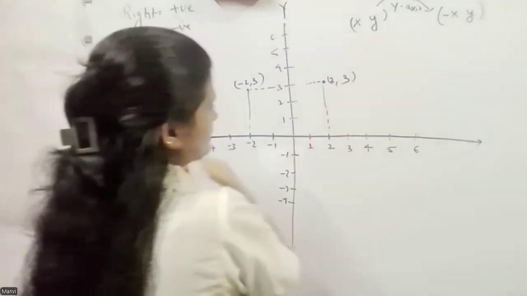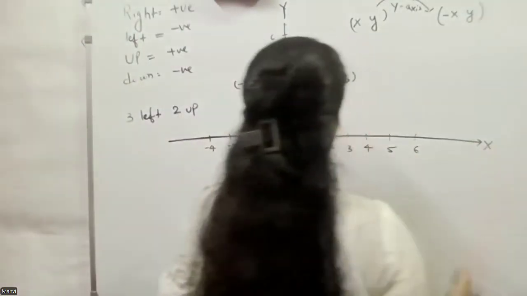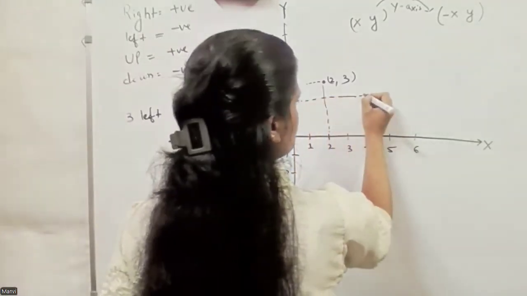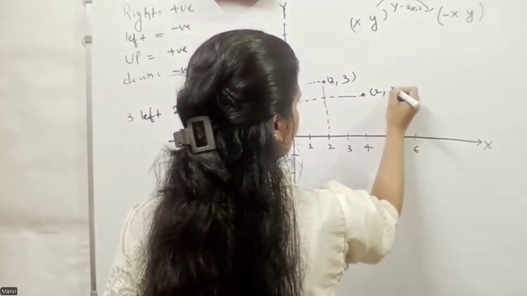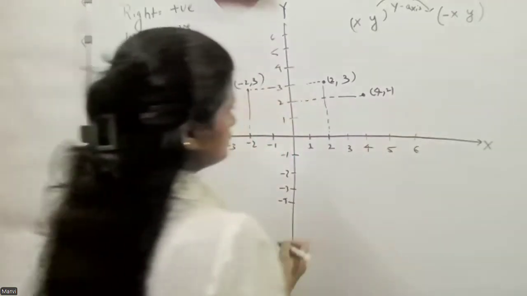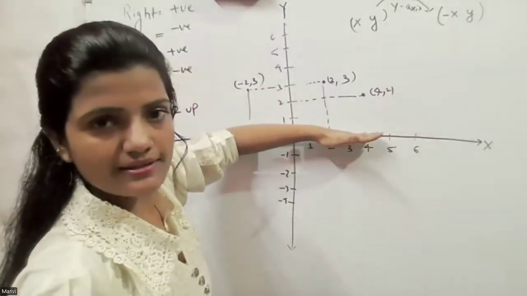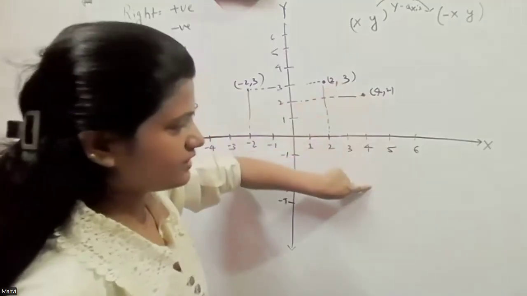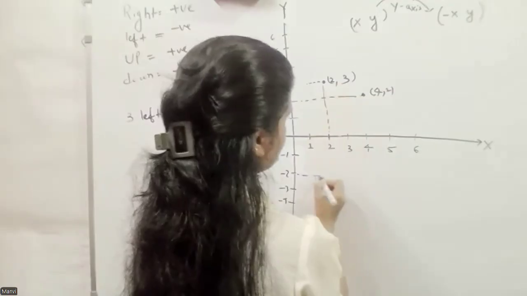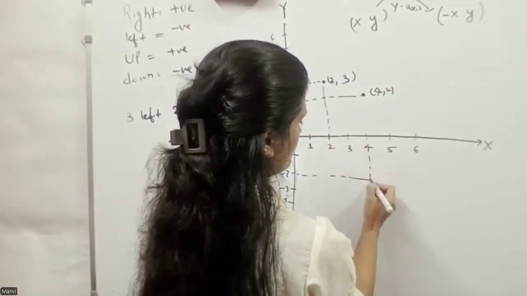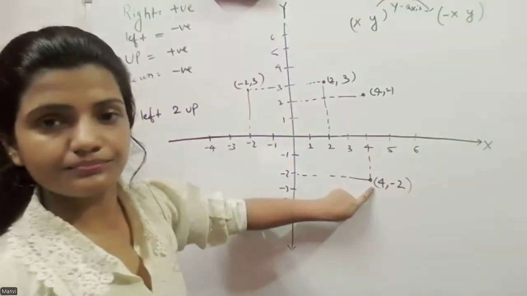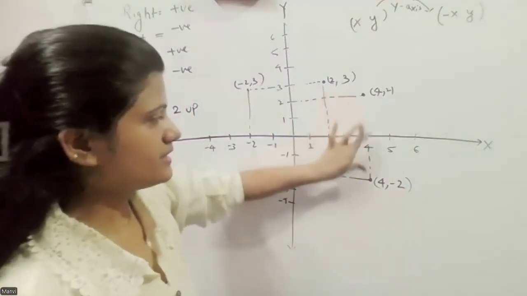And whenever a point is reflected in the x-axis, for example, I have another point, 4, 2, right? So if we reflect it in the x-axis, this point is reflected somewhere there. So it became 4, minus 2. Is it correct? Because the distance between these and that is equal.